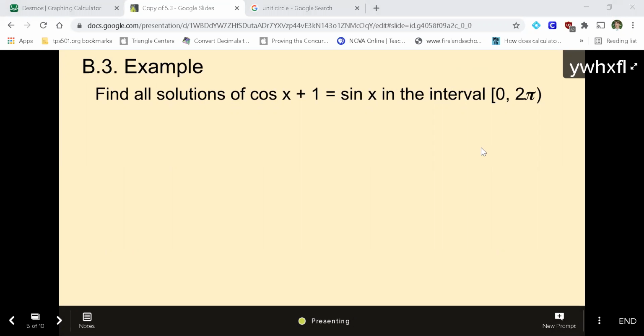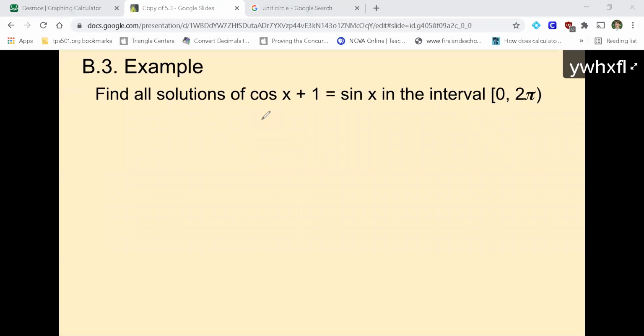Let's try this one. So the issue with this problem right here is you have trig functions that are not the same type.